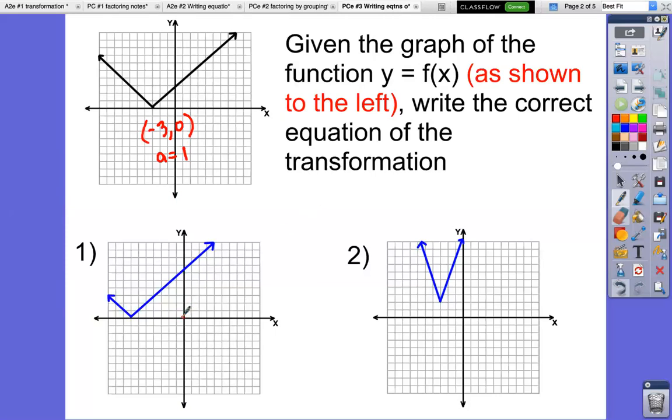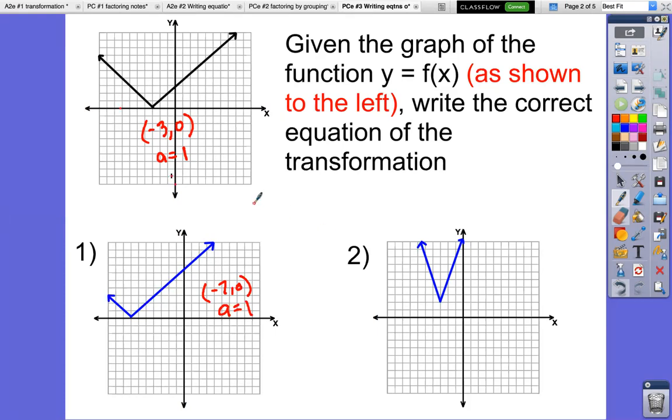Looks like now my vertex is 1, 2, 3, 4, 5, 6, 7, 7, 0, and my a value is still 1. Now I'm expecting some questions here in just a second. So if I'm just going from this function to this function, it looks like it moved left 4 more spots. Does everybody see that? So it moved left 1, 2, 3, 4. The a value is the same.